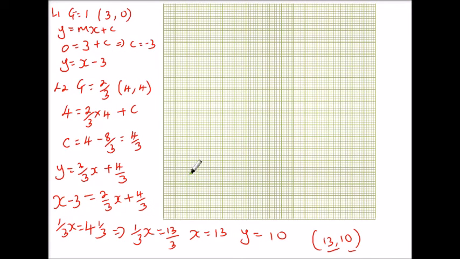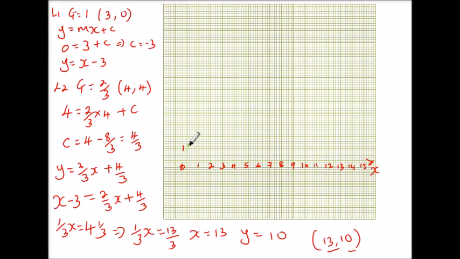So we can now draw our Cartesian plane. Let's start from our starting point, that is 0. So we have 1, 2, 3, 4, 5, 6, 7, 8, 9, 10, 11, 12, 13, 14, 15. So that is our x-axis.